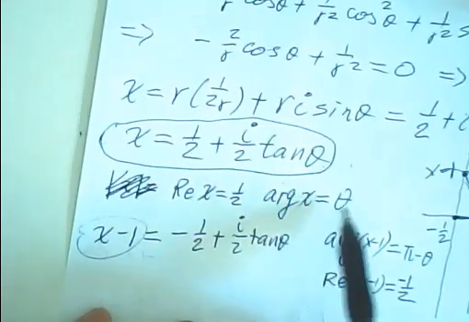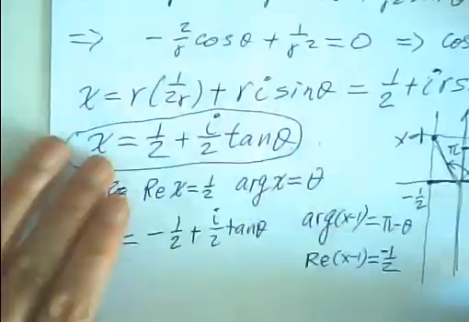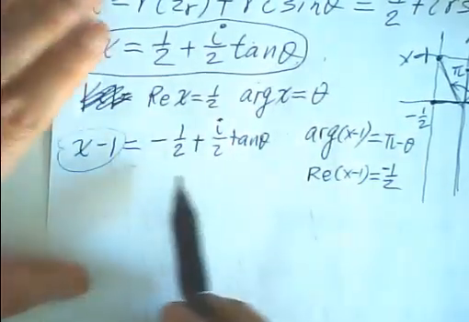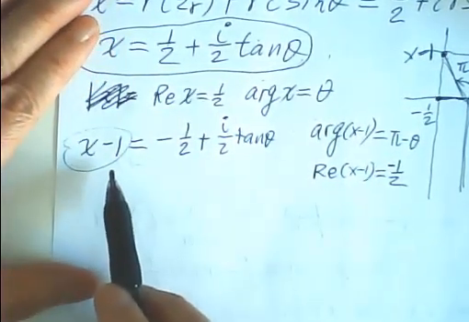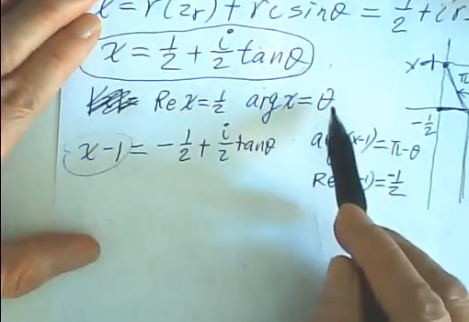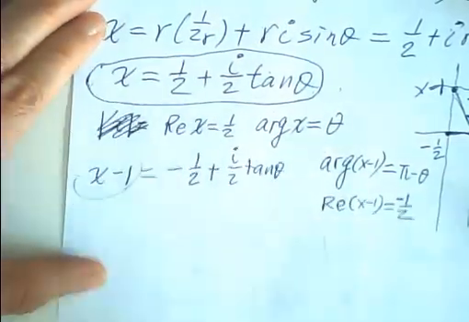Now we are looking for theta, right? If we find theta, we find x. Now, let me see. How do we find the argument, which is theta? So we find x, right?